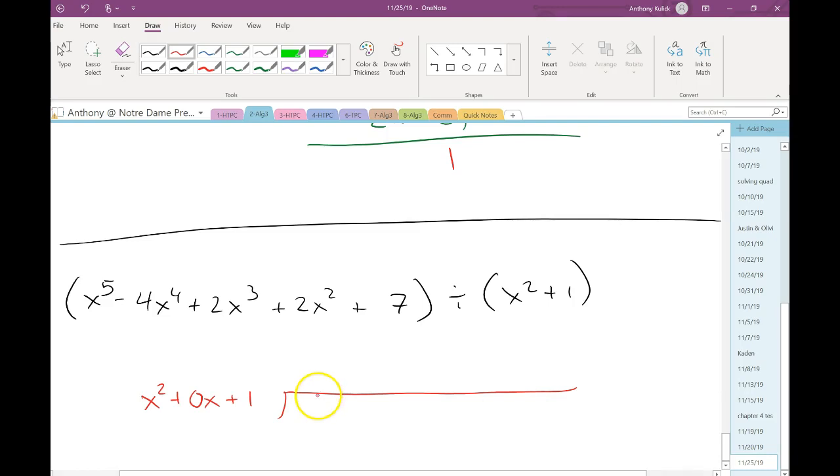What am I going to write underneath the division bar? That's not what I'm going to write. Because what am I missing? I'm missing the x's. So I need to make sure I put the 0x there.